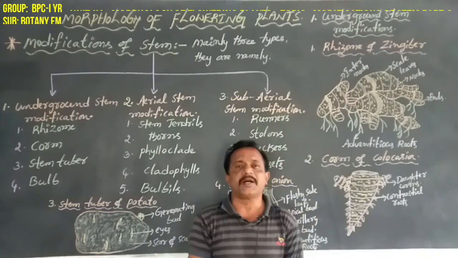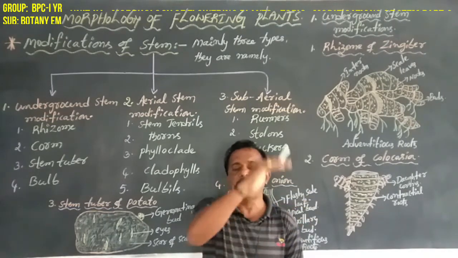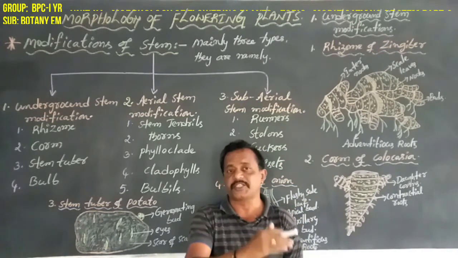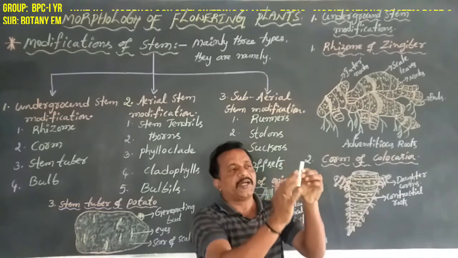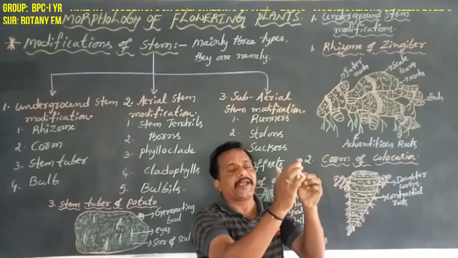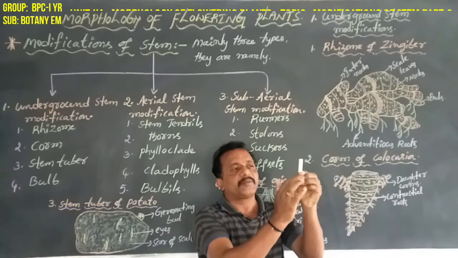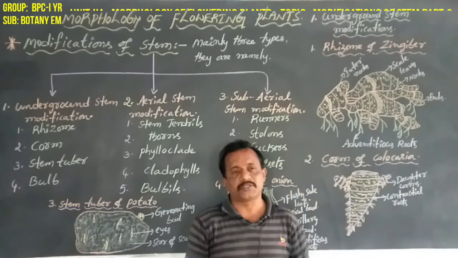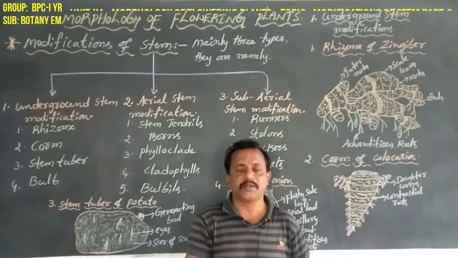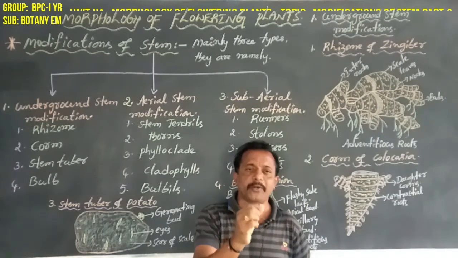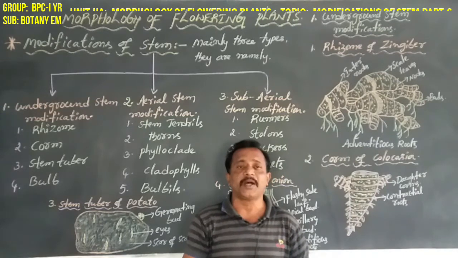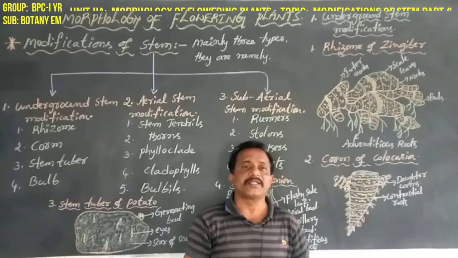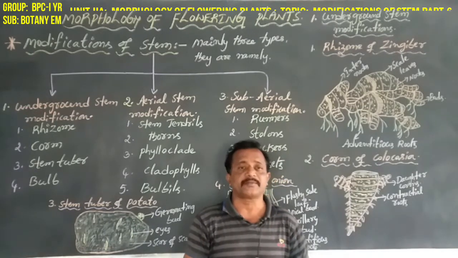The stem is the ascending part of the main axis.